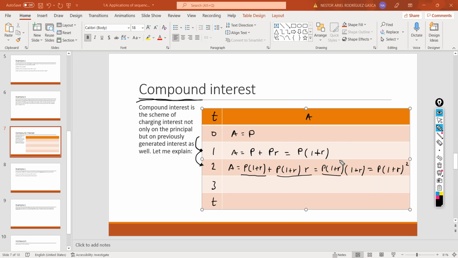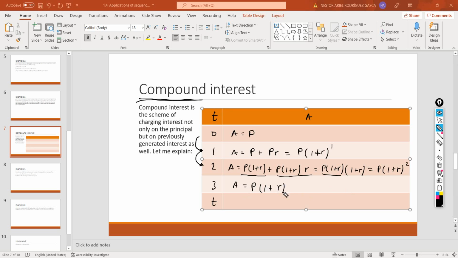Okay. And I guess you can see the pattern right away. The accumulated amount at year 1 is P times 1 plus R to the 1. The accumulated amount at year 2 is P times 1 plus R to the 2. And it's going to be the same for year number 3. I don't need to do the whole algebra because, first of all, it's not going to fit in here.